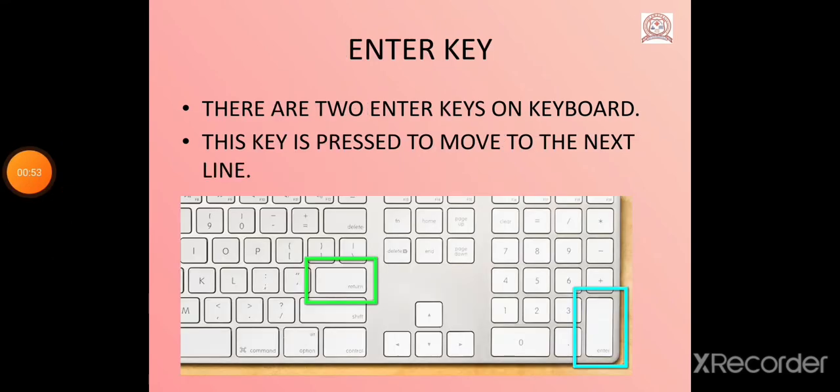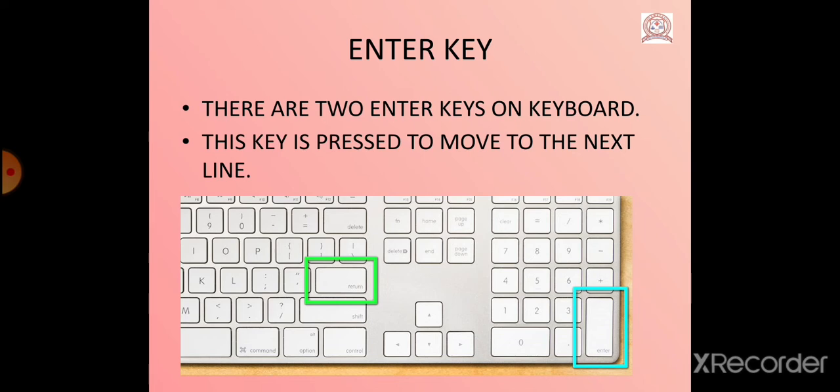Now let's move to the fourth key, enter key. There are two enter keys on your keyboard. The enter key is pressed to move to the next line. When we type anything, to move to the next line, we press the enter key.